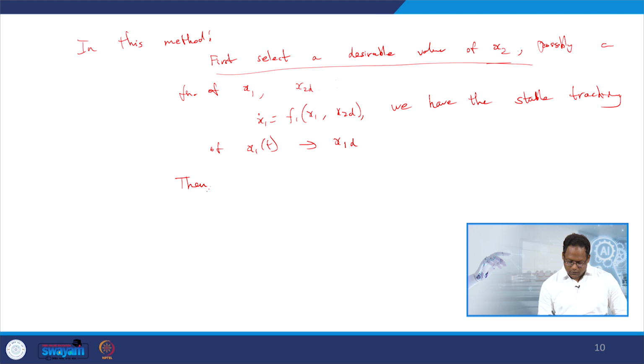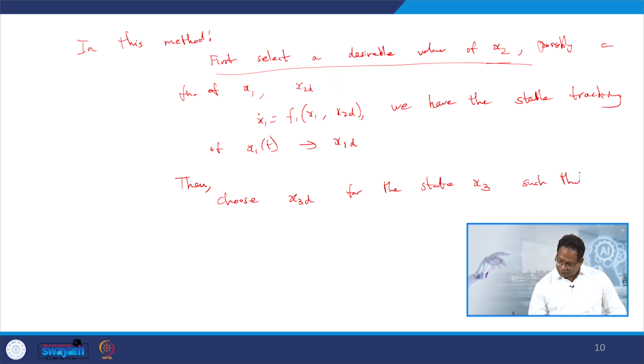Next, in the next step, choose x3d for the state x3 such that state variable x2 tracks x2d, and this process is repeated.